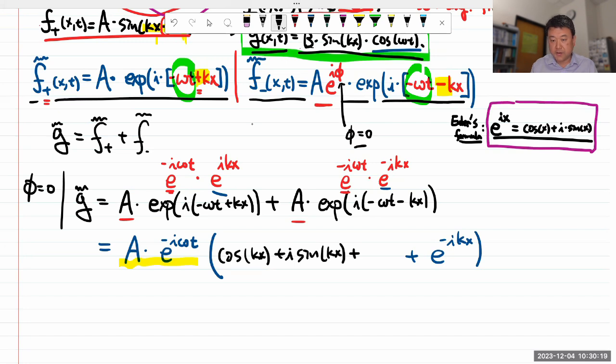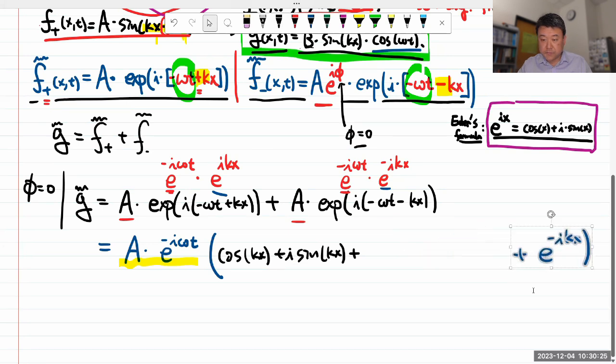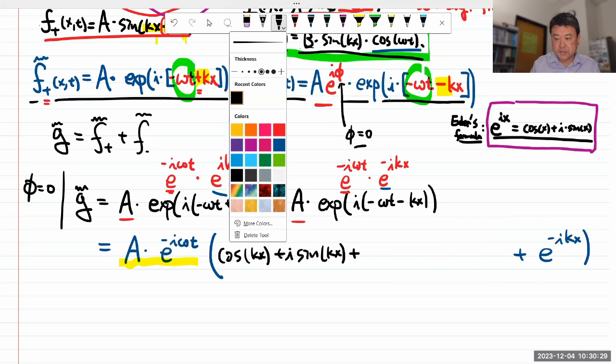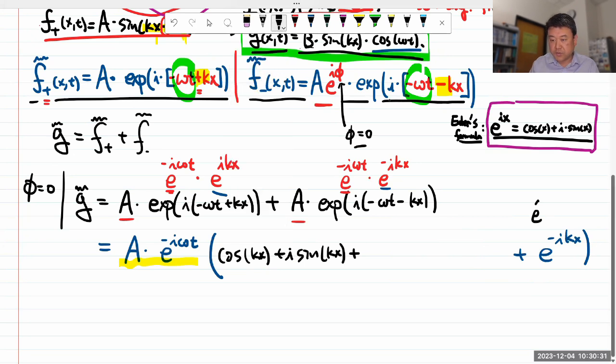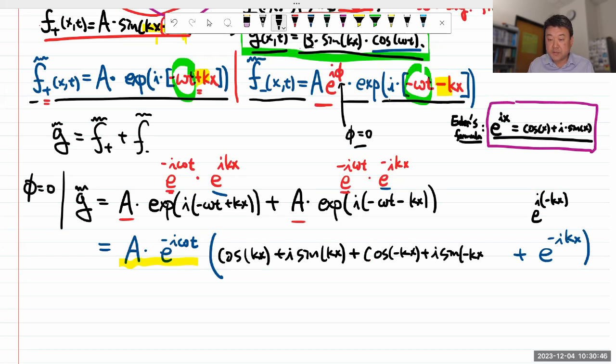Plus, and let's write out what the other term was, where we had e to the minus i kx. So what this really is, it's e to the i times minus kx. So this minus kx goes into the argument of the two functions. So cosine of minus kx plus i sine of minus kx.